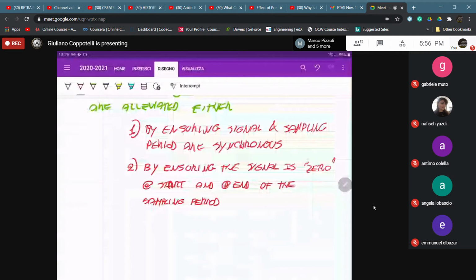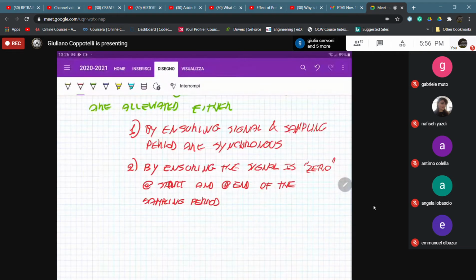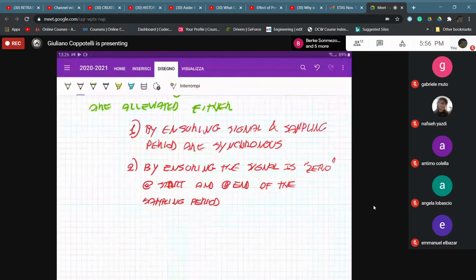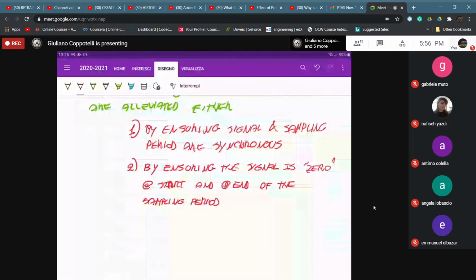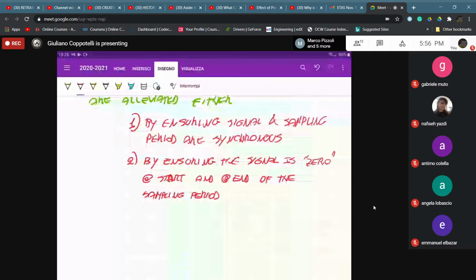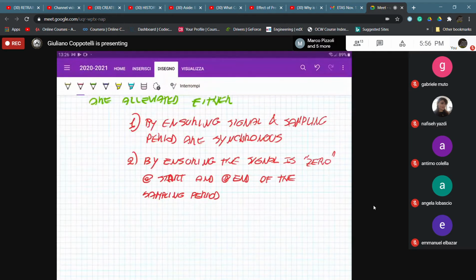Why doing that? Because by changing the signal in this way, you are not having any discontinuity at all when your whatever Fourier transform algorithm is fictitiously periodizing your signal. Okay, because at the very beginning, so at the start and at the end of your observation time, your signal is zero.